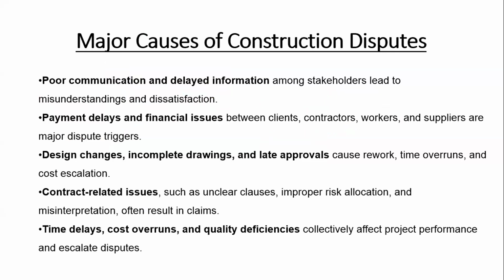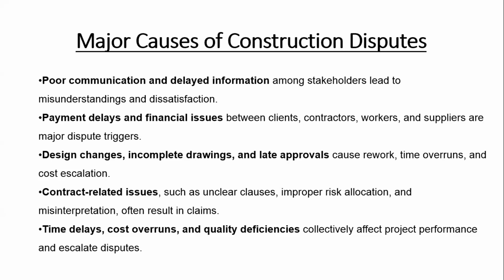Next, we have the major causes of construction disputes. As we have already seen in the diagram, there are various types of disagreements which mainly happen between the stakeholders. The factors are poor communication and delayed information among stakeholders, which lead to misunderstanding and dissatisfaction. Payment delays and financial issues between clients, contractors, workers, and suppliers are major dispute triggers.